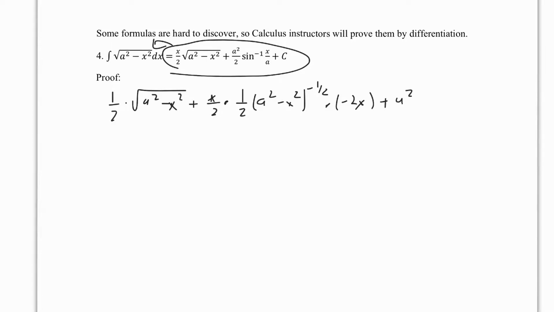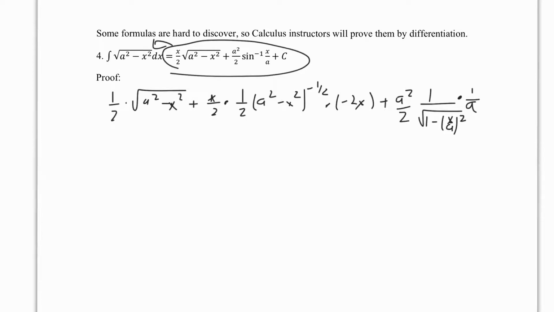Thankfully, the front is a constant, so we have a squared over 2. The derivative of sine inverse will be 1 over root 1 minus x over a squared. And then the derivative of x over a will be 1 over a.